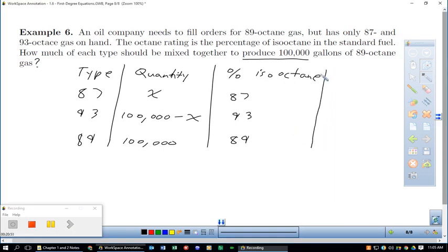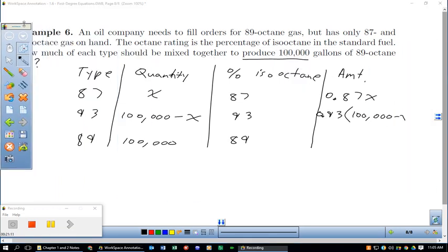Next we can use this to figure out how much isooctane there is. In this case, there's 0.87x. In this one, there's 0.93 times (100,000 minus x). And in this case, there is 0.89 times 100,000.